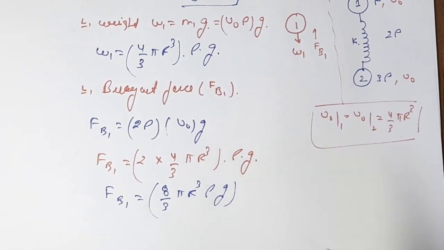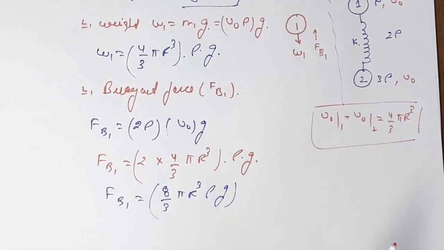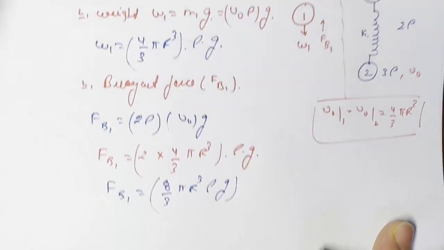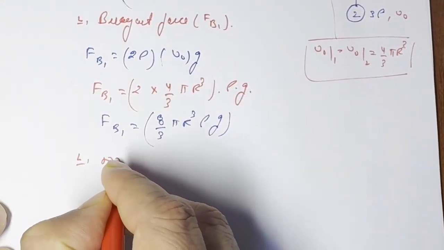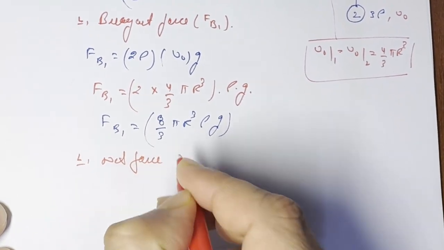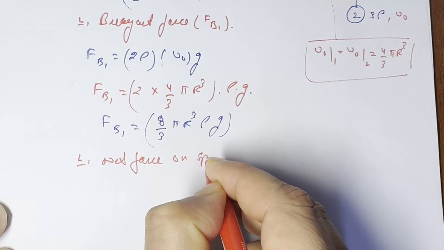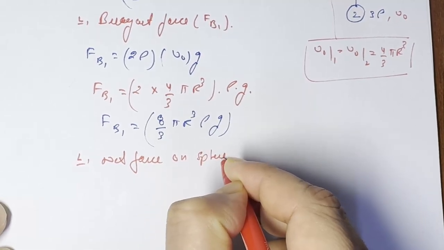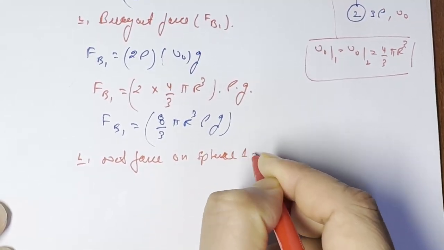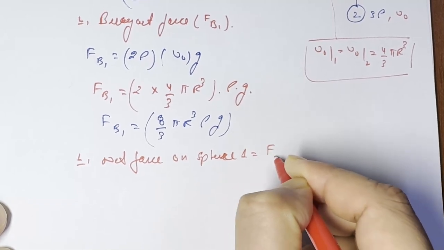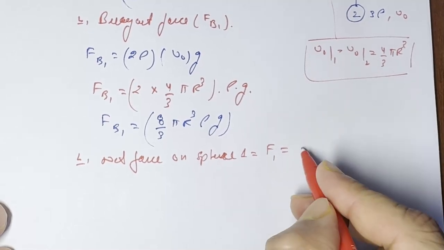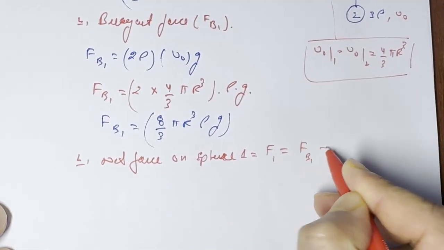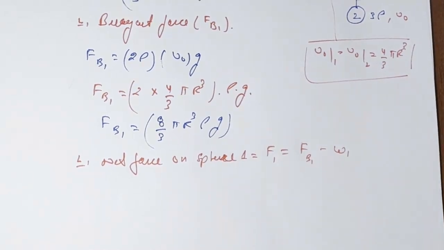Now we can find out the net force on sphere 1. Net force on sphere 1, let us call that F1, will be equal to FB1 minus W1.